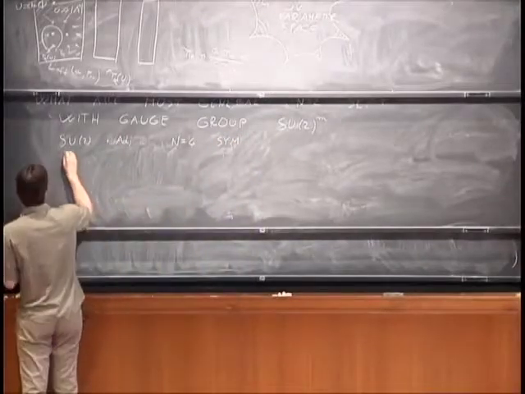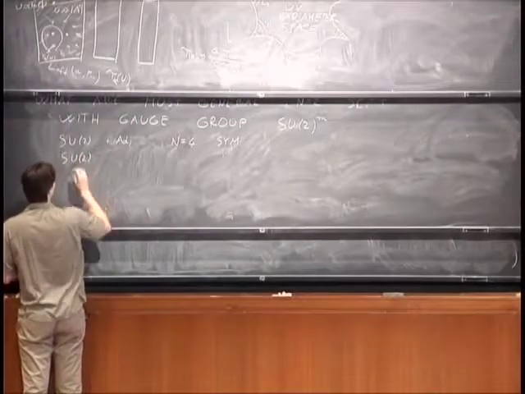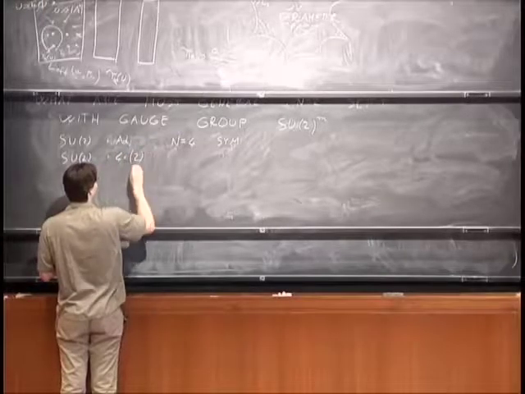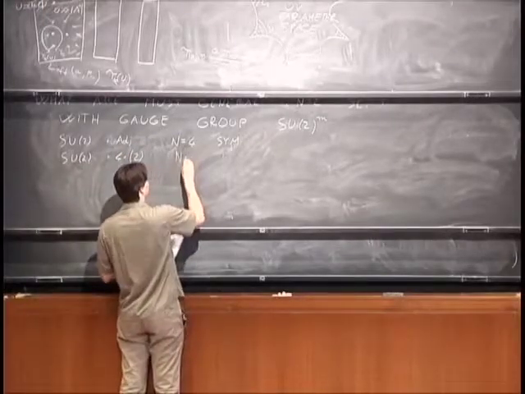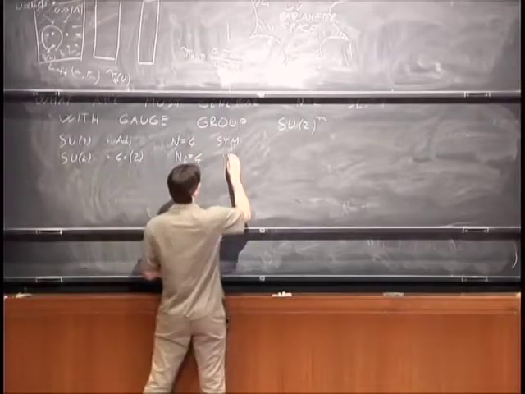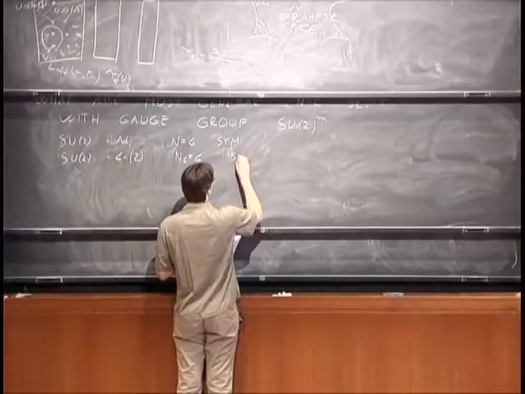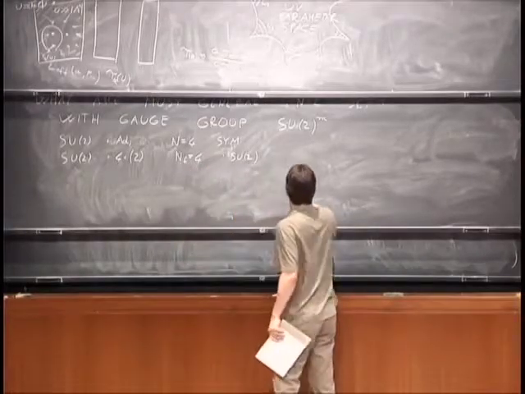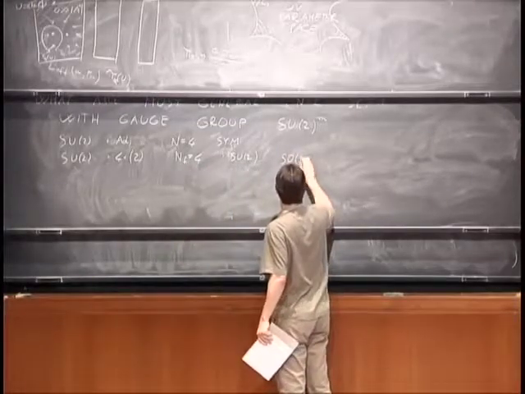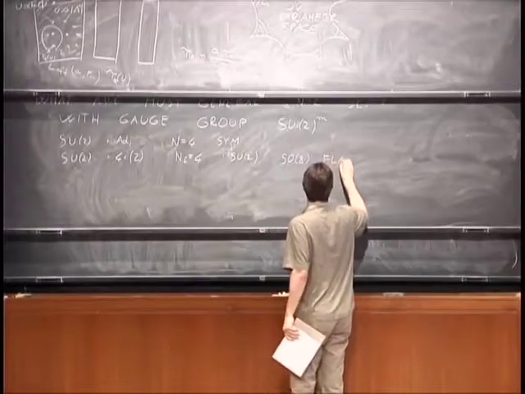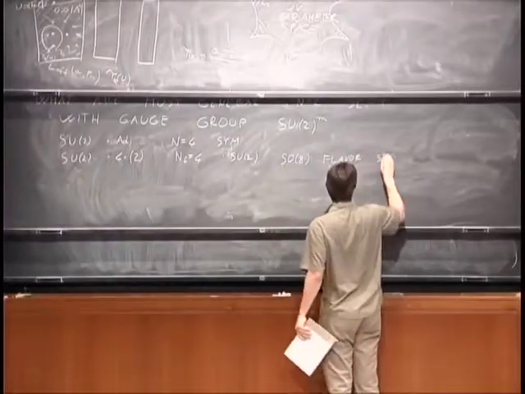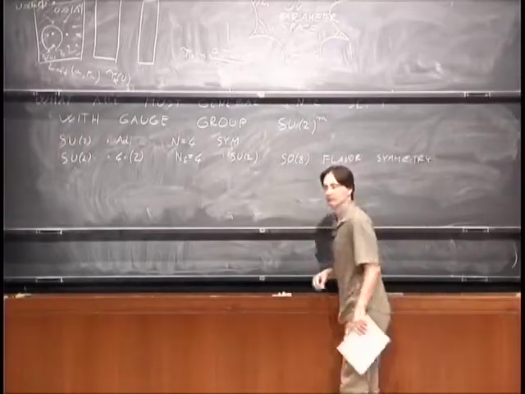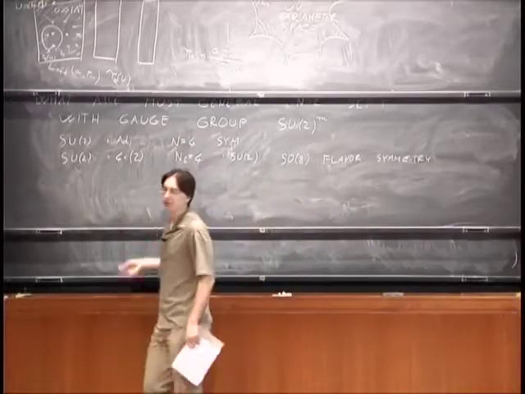Then you can take SU(2) plus 4 copies of the fundamental. This is called F=4 SU(2) because it has 4 flavors. This has SO(8) flavor symmetry. This essentially exhausts everything that we can do with one gauge group.